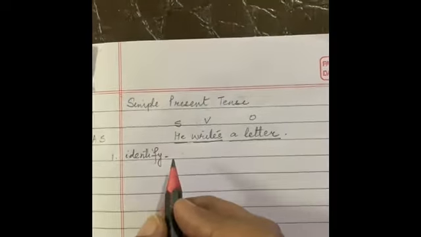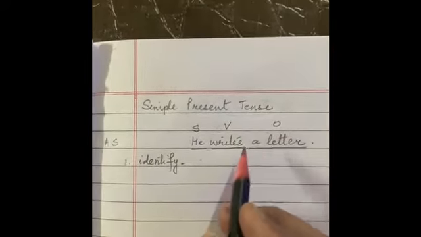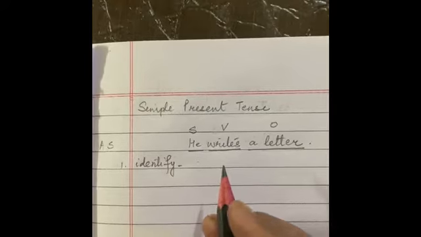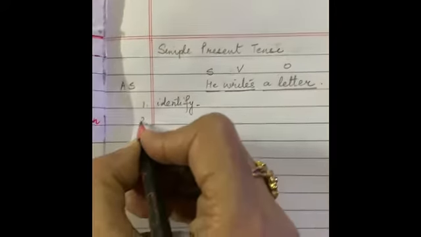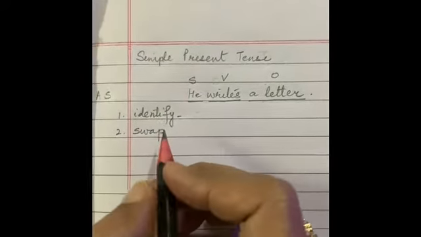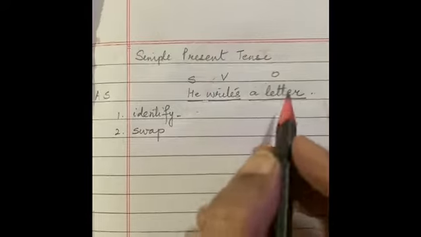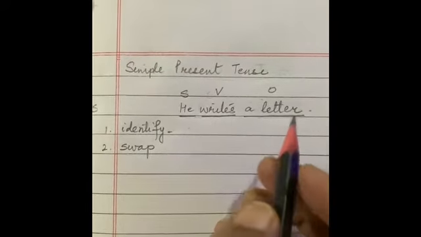Now that we have identified the subject, object, and verb, let's move to the next step, and that is swapping. Number 2, swap. So we need to swap object to subject and subject to object.